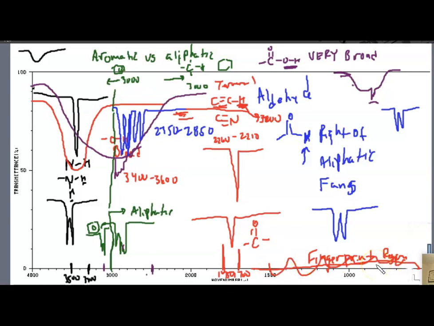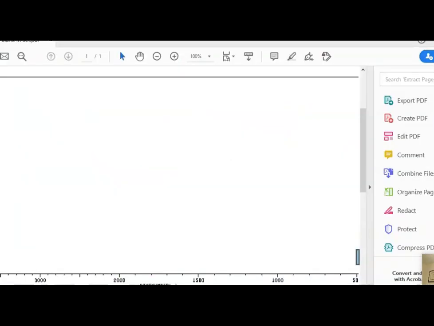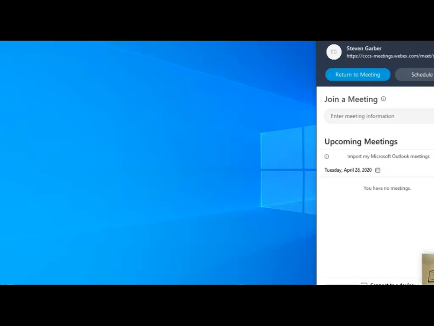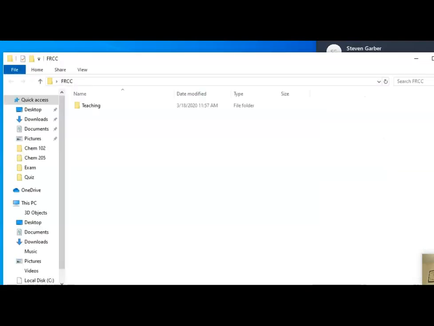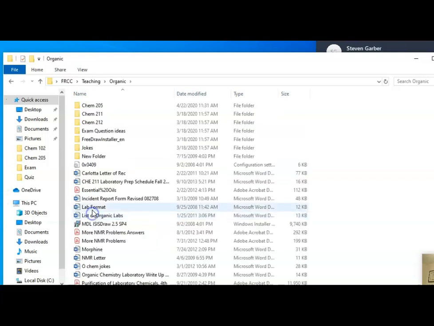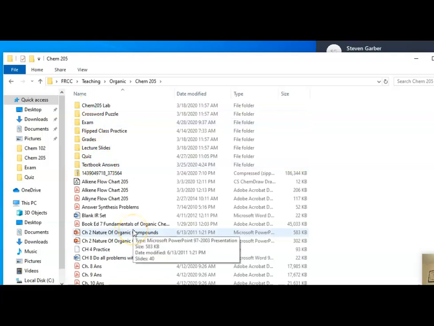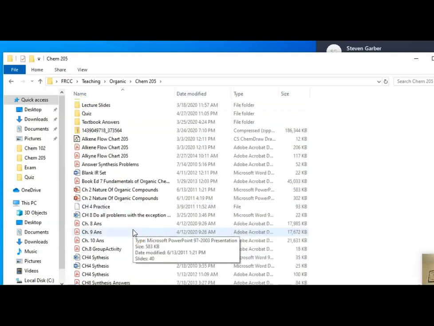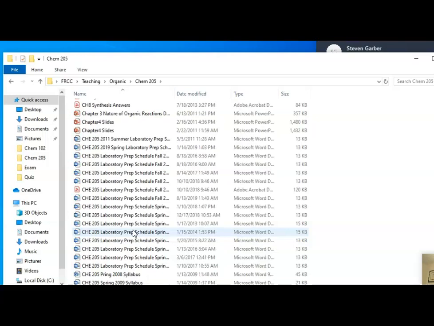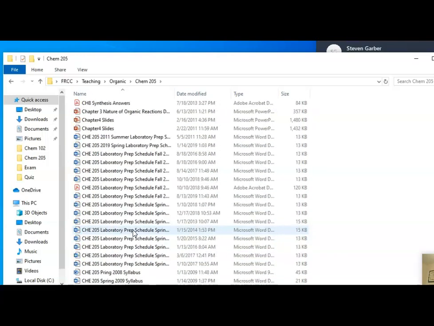Now your book has a really great picture. Let me just talk about this real quick, and then we'll call it a day. Let me open up the book real quick and just show you this page, which is a summary of everything that I just talked about. What I usually do is I give this to everybody on the exam, but since you guys will have this available to you, let me see where it is.